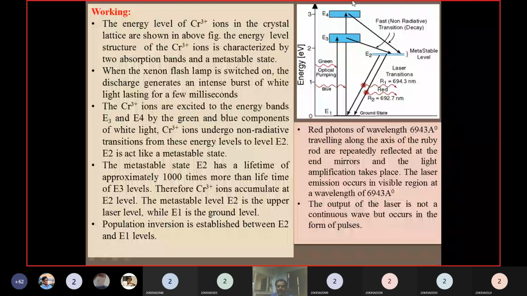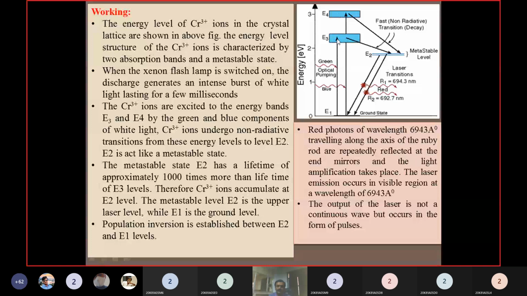So E3 and E4 are the absorption bands, and there is one more state, the E2 state, that is the metastable state.